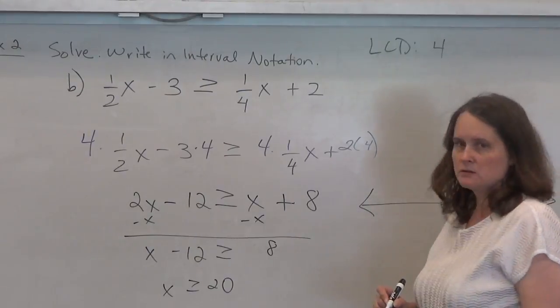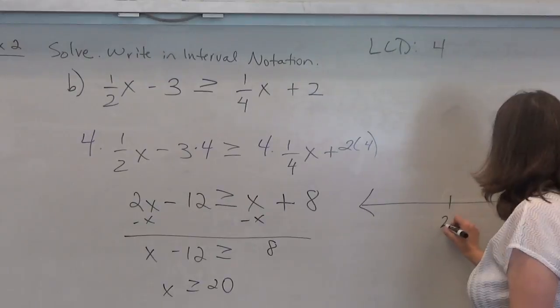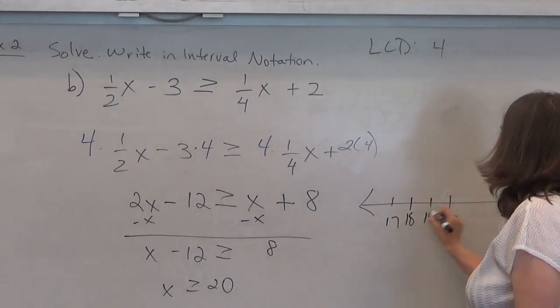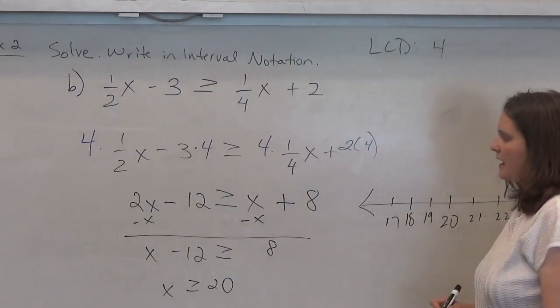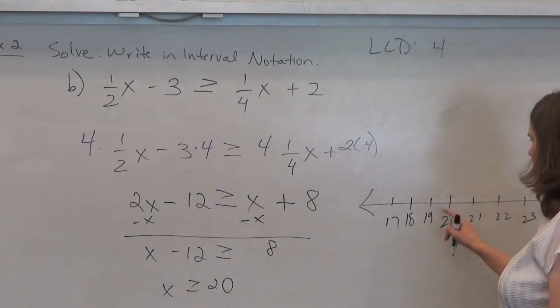Again, I'm not going to put a lot of numbers on here. I'm going to put the number that I need and just a few on each side. Okay, I need to graph everything greater than or equal to 20 on my number line. So I'm going to locate 20.